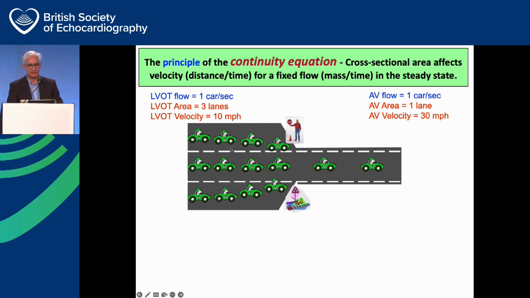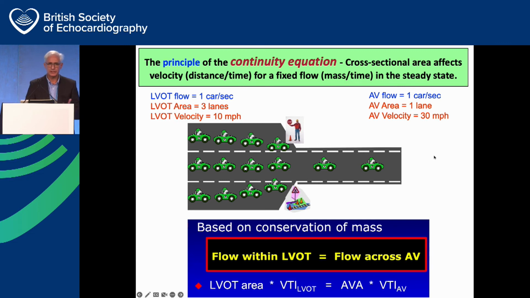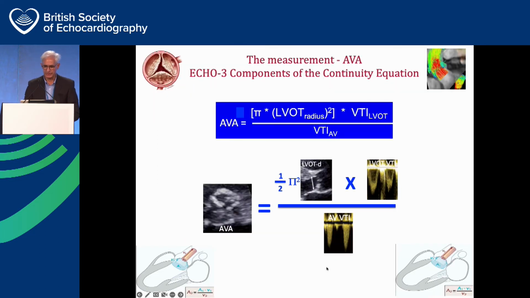So if we want to keep the flow constant, and from 3 lanes of motorway we reduce down, due to building work, into 1 lane, then certainly the velocity has to increase by 3-fold to achieve that. And that's what is also termed the conservation of mass principle. So the flow, in cardiac terms, within the LVOT should be equal to the flow across the aortic valve.